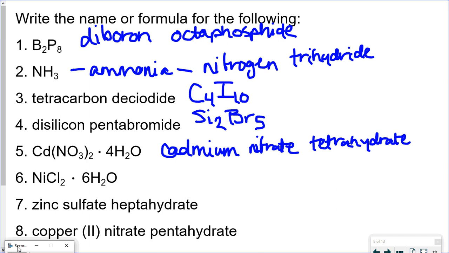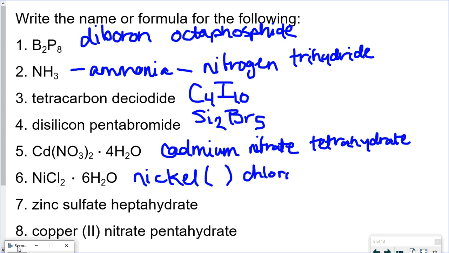Looking at number 6, we have NiCl2·6H2O. Ni is nickel. Now, it's a transition metal that can have multiple charges, so we will need to use those Roman numerals. Cl is chloride.